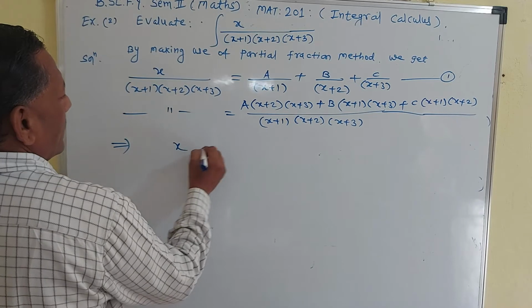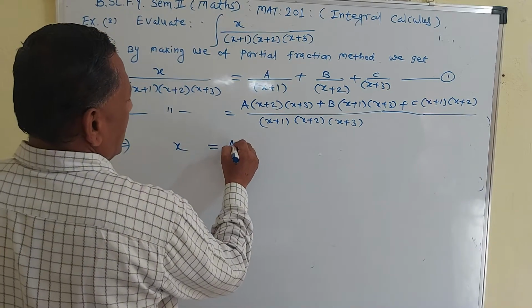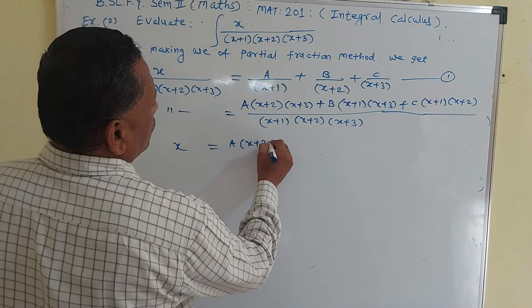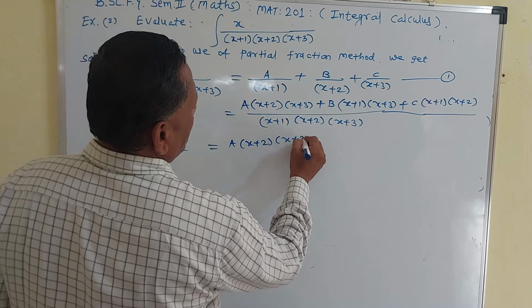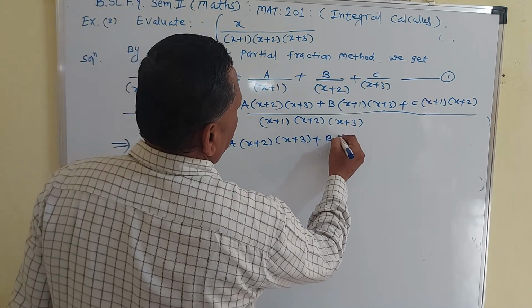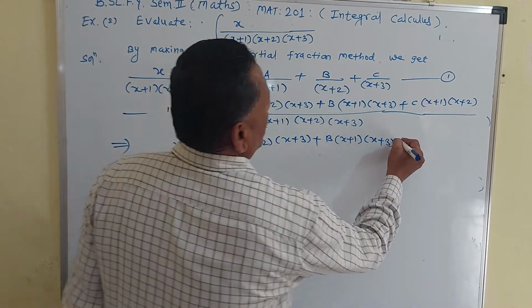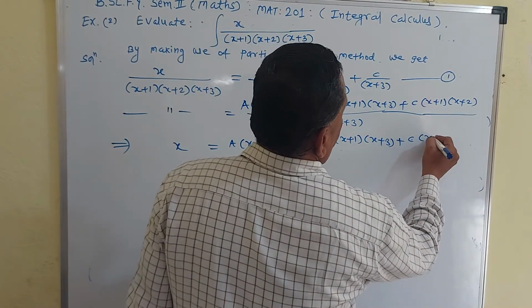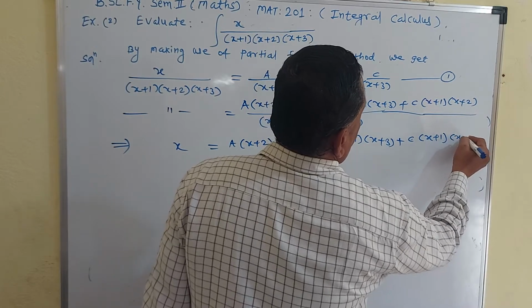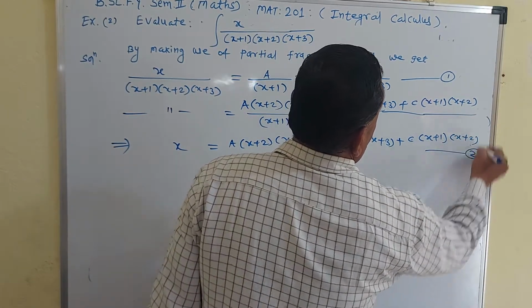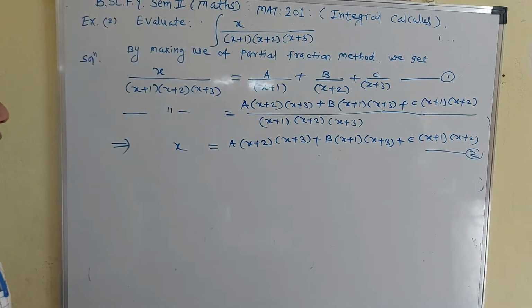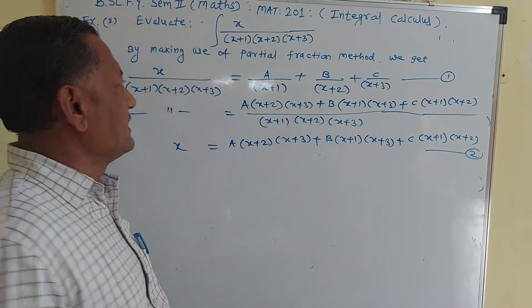So you have x is equal to a into x plus 2 into x plus 3 plus b into x plus 1 into x plus 3 plus c into x plus 1 into x plus 2. Number 2. You have to find the values of a, b, c.